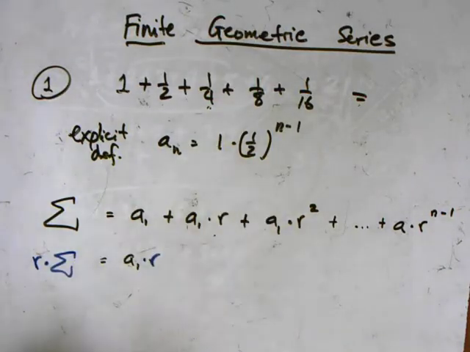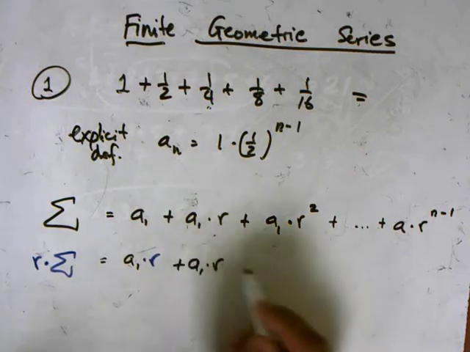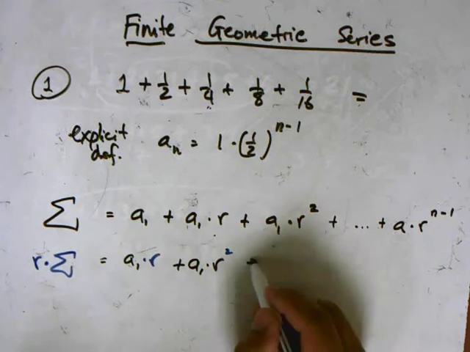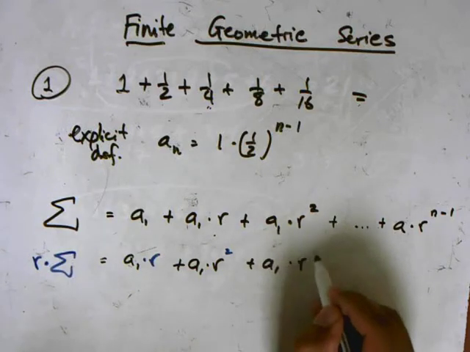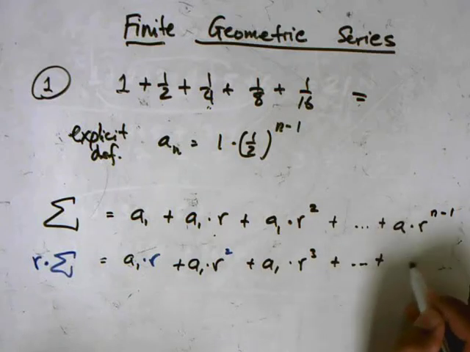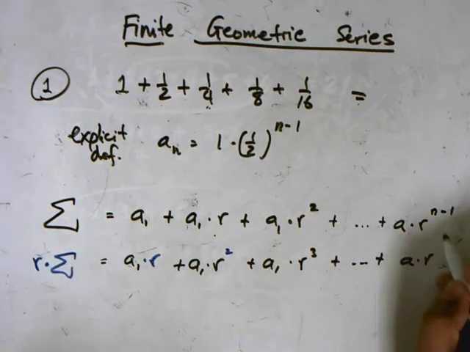So a sub 1 becomes a sub 1 times r. A sub 1 times r becomes a sub 1 r squared, and all the way on down. Each one of these ratios increases its power when I multiply the entire thing by r. So this last one is going to be, instead of n minus 1, n.